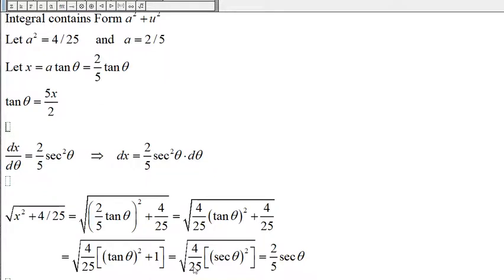The square root of 4 over 25 is 2 over 5, and the square root of secant squared is just secant. And therefore the expression, the square root of x squared plus 4 over 25, is 2/5 secant of theta.